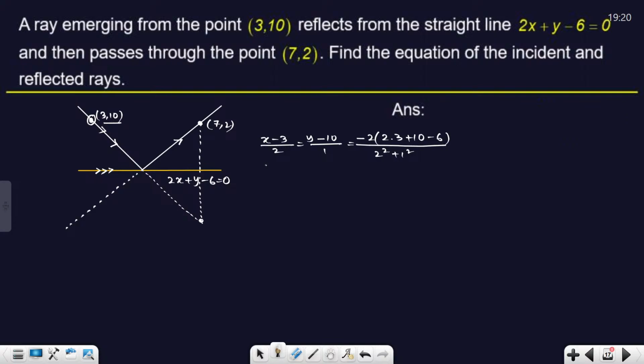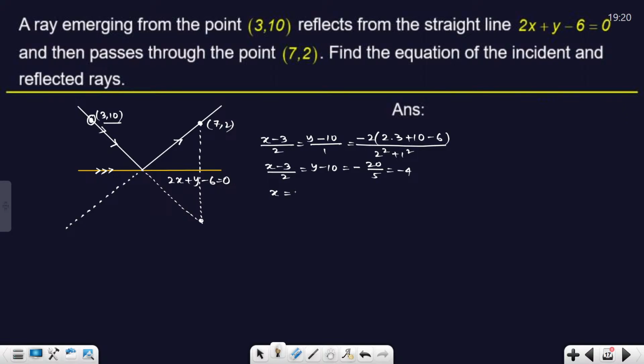So what are we getting? 3 to the 6 goes off, so minus 20 over 5, that gives us -4.